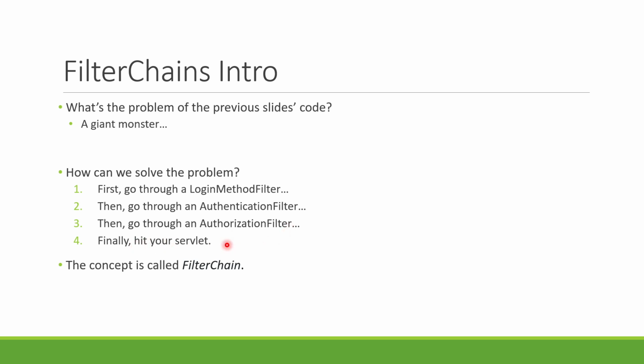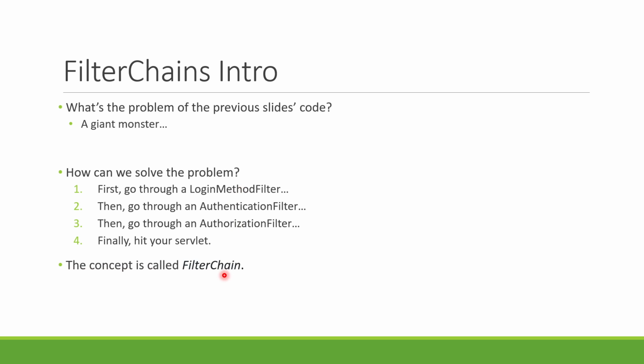Then we can hit your servlet. So in this case, we split our one giant filter into different filters, and each filter has a different responsibility. The entire concept is called a filter chain, okay?